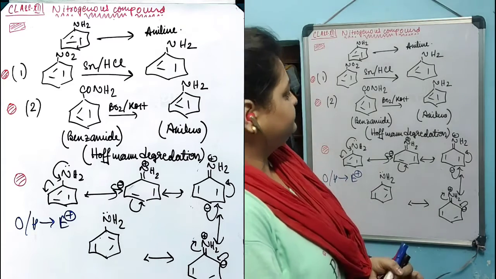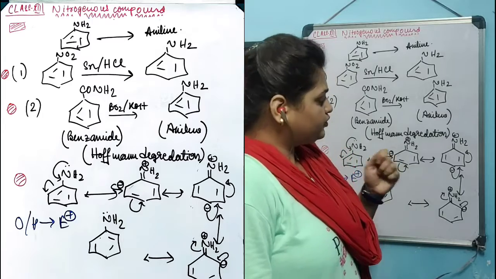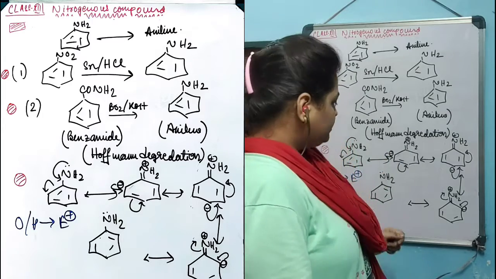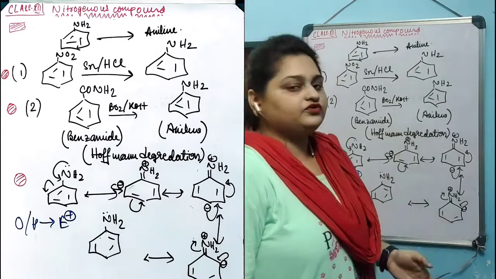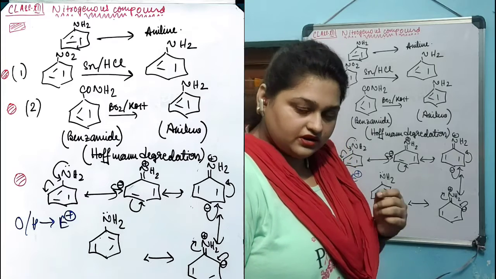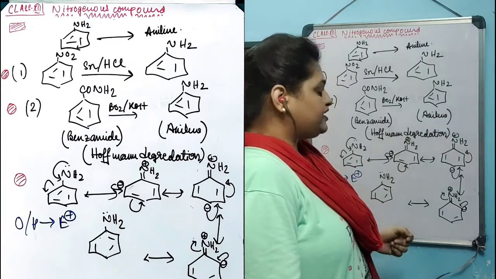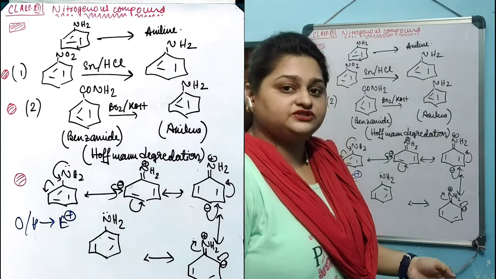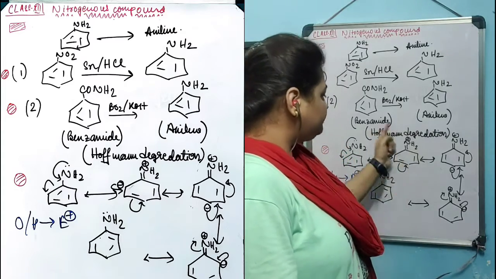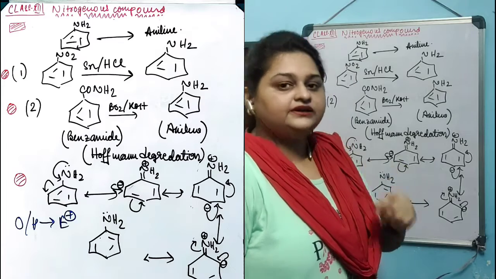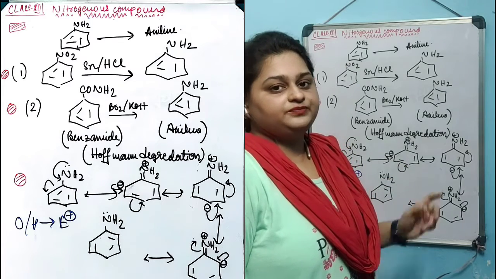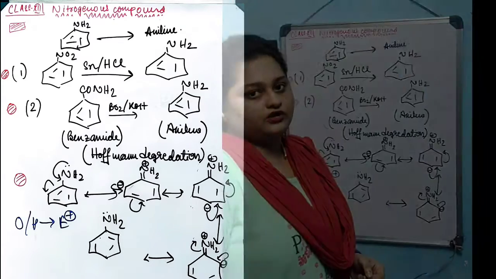Not only that, aniline is so reactive that instead of producing a mixture of ortho-para products, when an electrophile attacks, two ortho and one para position simultaneously get occupied to form the product.